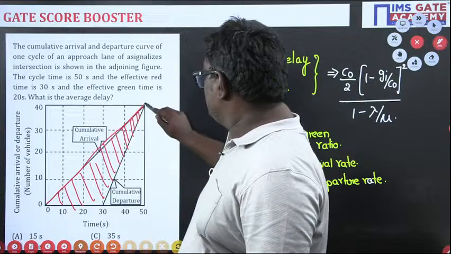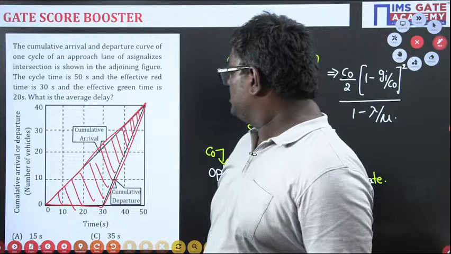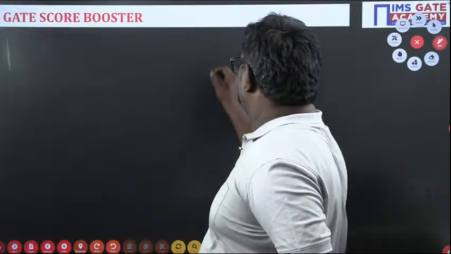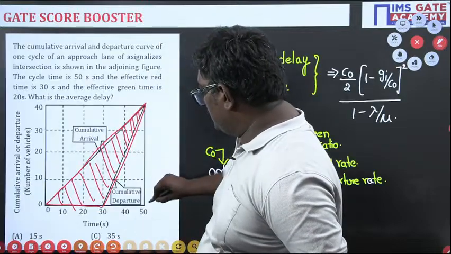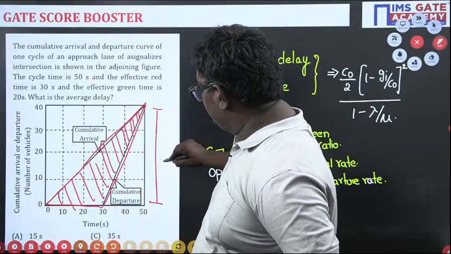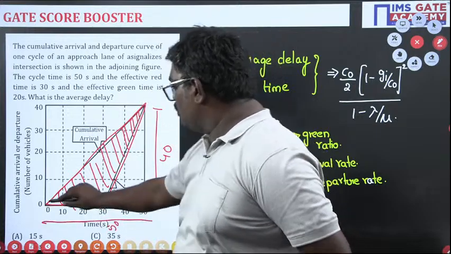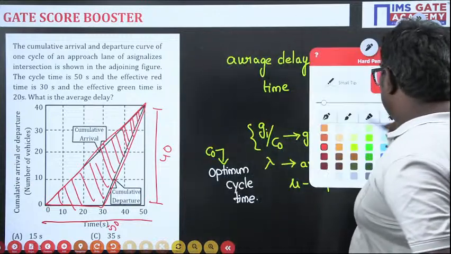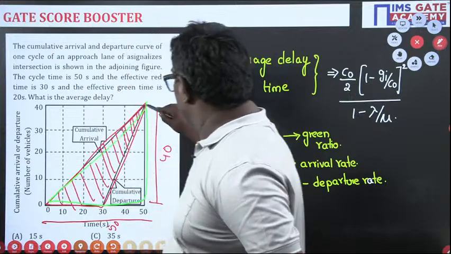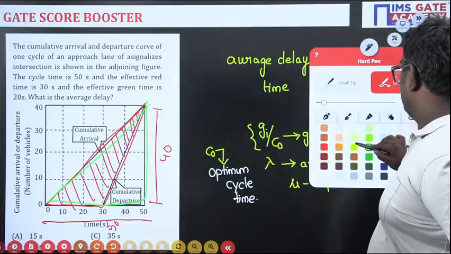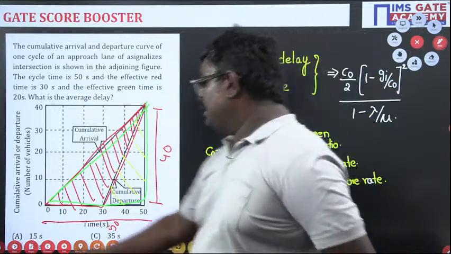Now see students, the total triangle: this is 40 and this distance is 50. So I'll find out the total triangle area, and from that triangle area I will remove this part.